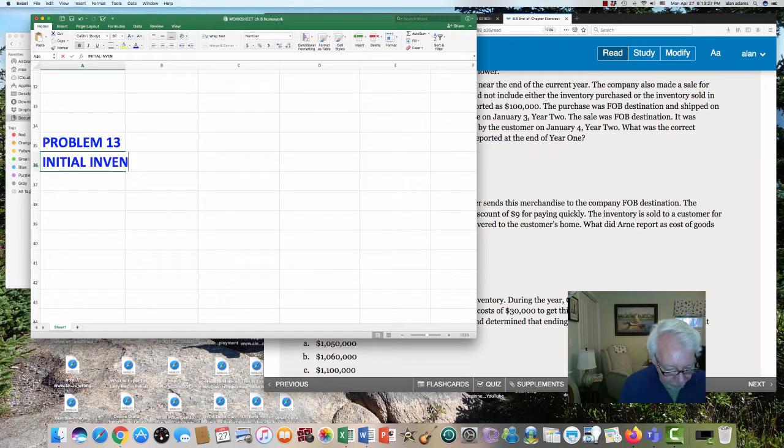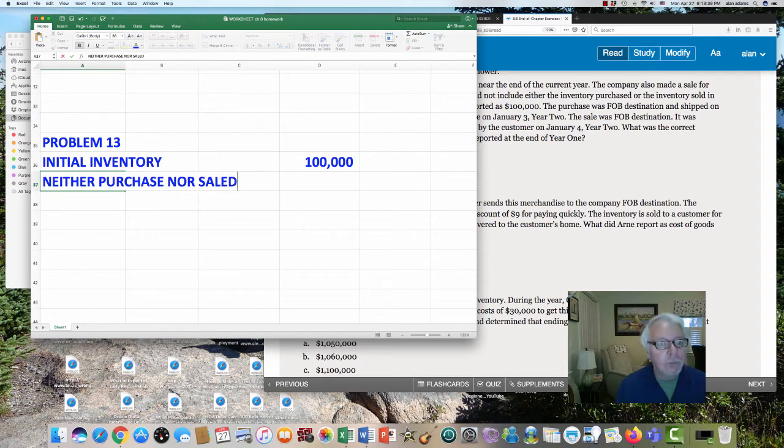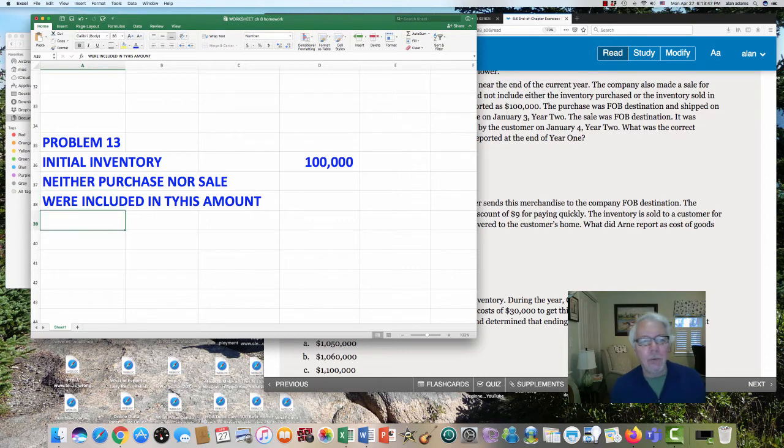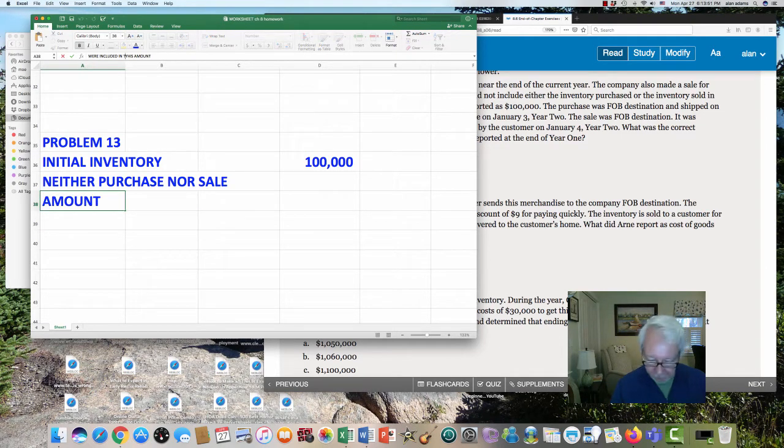Initial inventory is 100 grand. And I'll just add, neither the purchase nor the sale were included in this amount. We have to decide if either of those should be. Okay? So, let's take a look at the details and see what happens.